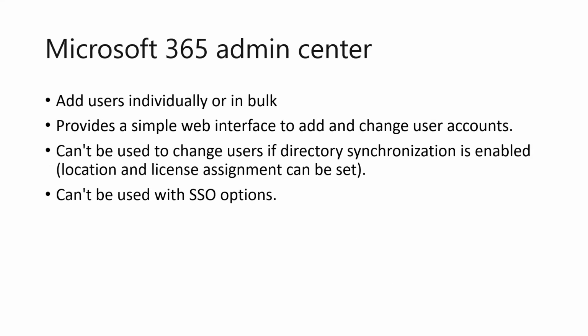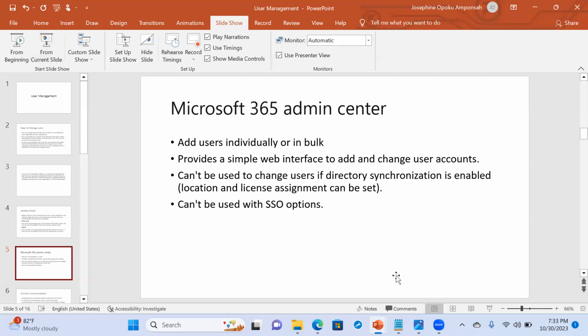All right, so let's look at how we can create users in the Microsoft 365 Admin Center. It's just a web interface that allows you to create users, and it is very, very straightforward.